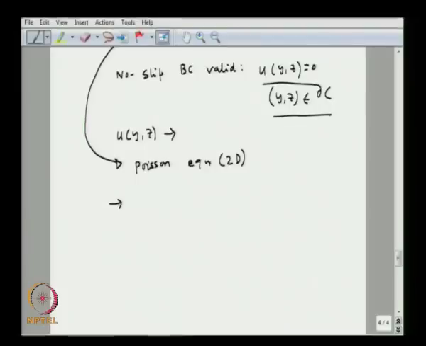Okay. So, we can write u of y, z using Dirac notation using eigenfunctions.